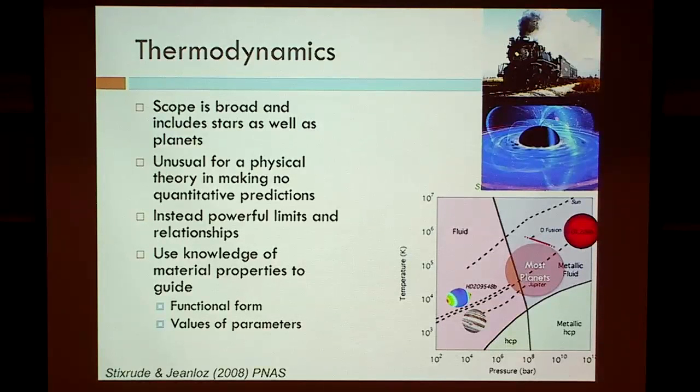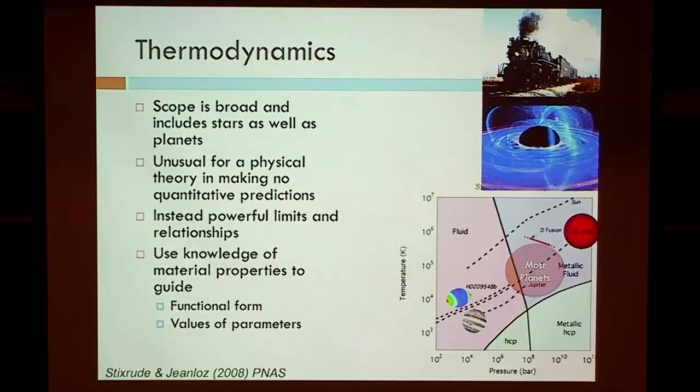It's unusual for a physical theory in that it makes no quantitative predictions by itself. But what it does give you is powerful limits and relationships among various quantities. And what you need then is to combine thermodynamics with some other source of information about material behavior.